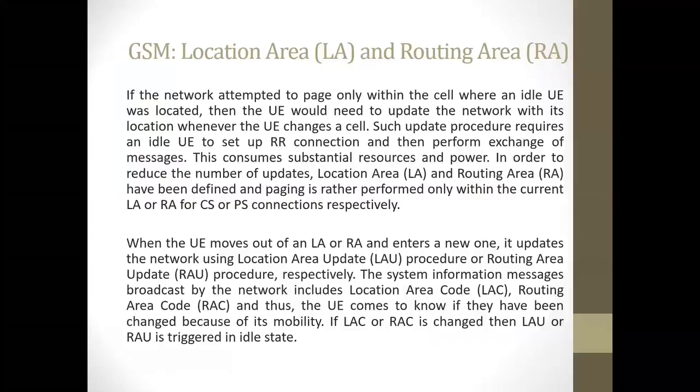These areas are geographical areas. You split the whole area of coverage into different location areas. All these location areas are numbered, and these numbers were called location area code (LAC). So every location area had some LAC.